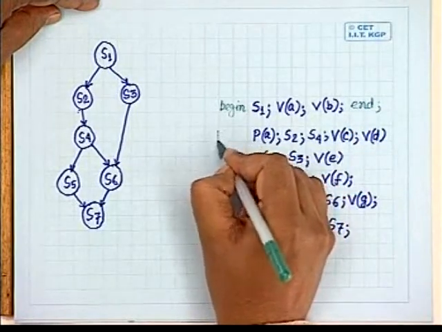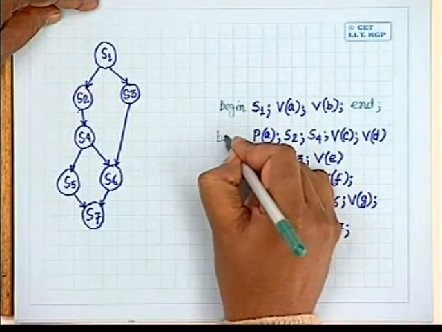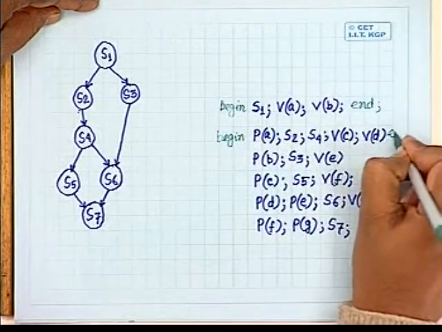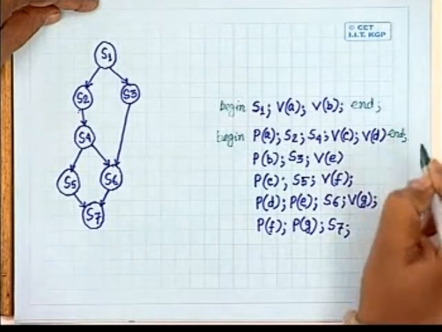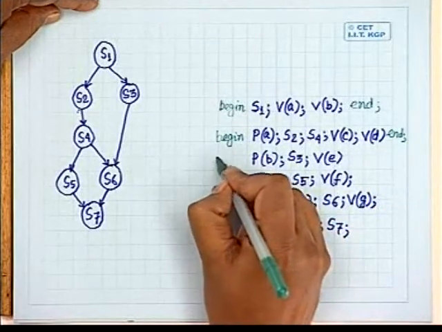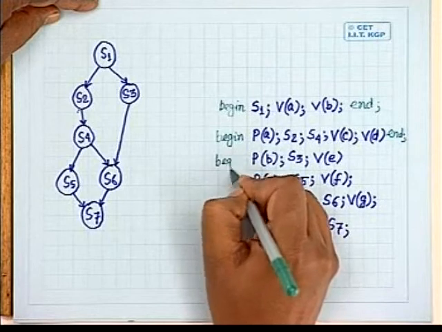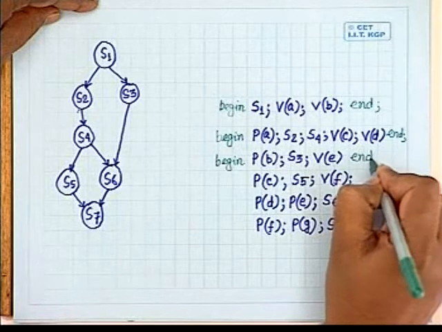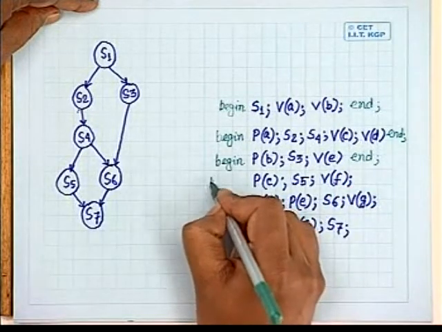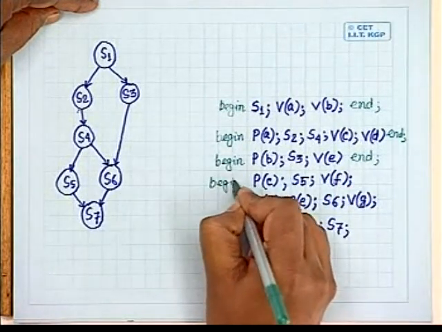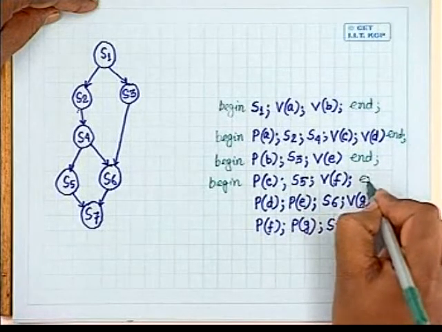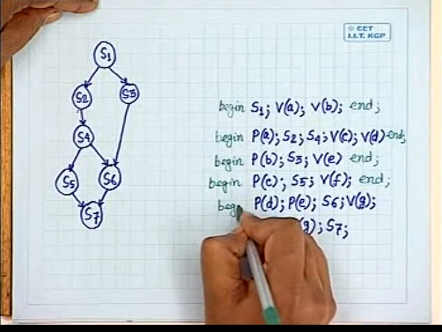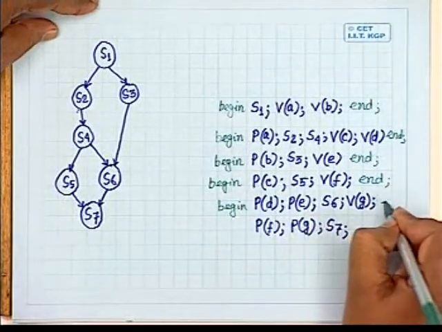This will also be a begin, end. This will also be begin, end, begin, end, indicating that each row is a sequential process.